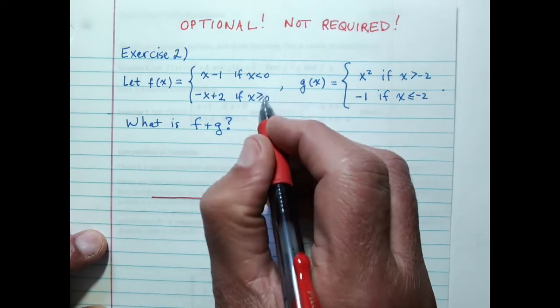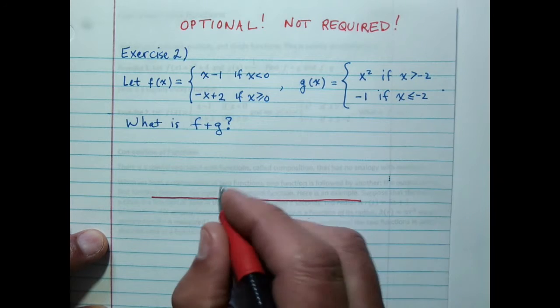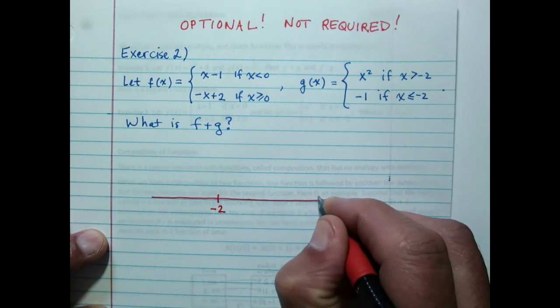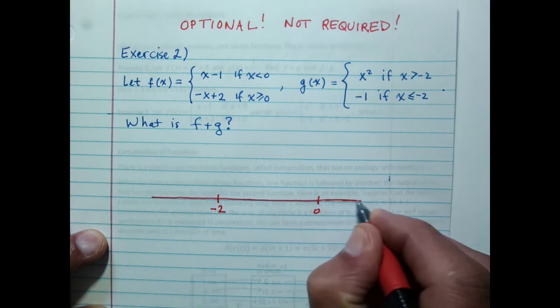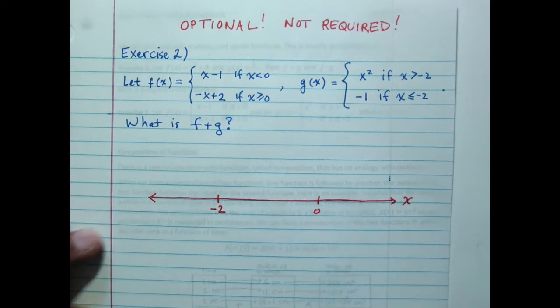So, 0 is kind of the dividing point here for f, -2 for g. So on an x-axis number line, I'm going to mark -2 and 0. I'm thinking of that as a copy of the x-axis.